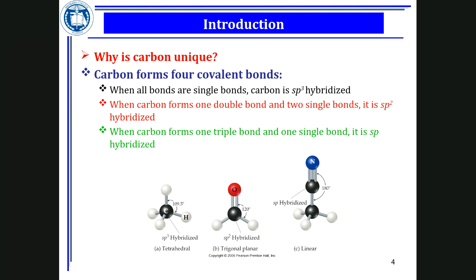Carbon can form different hybridizations: sp3 hybrid, sp2 hybrid, or sp hybrid. When carbon forms 4 single bonds, the hybridization is sp3. When it forms 1 double bond and 2 single bonds, it is sp2. If it forms 1 triple bond, then the hybridization is sp.